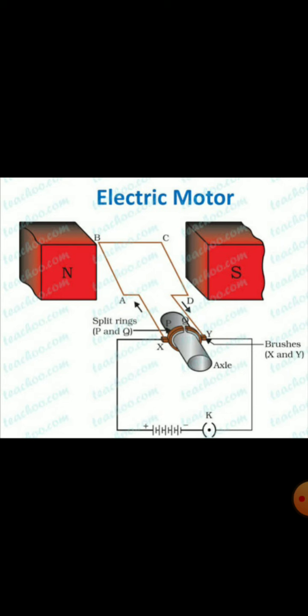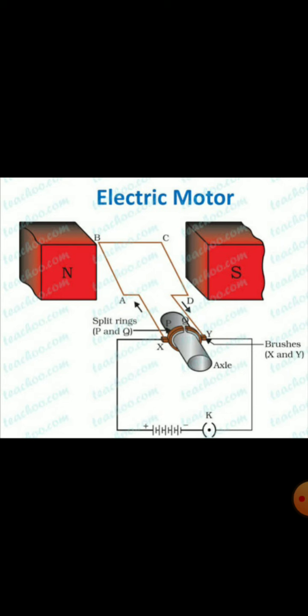So, as shown in the figure, an electric motor consists of a rectangular coil. You can see there is written ABCD, a rectangular part, right? So, that is a coil, and it is a coil of insulated copper wire.